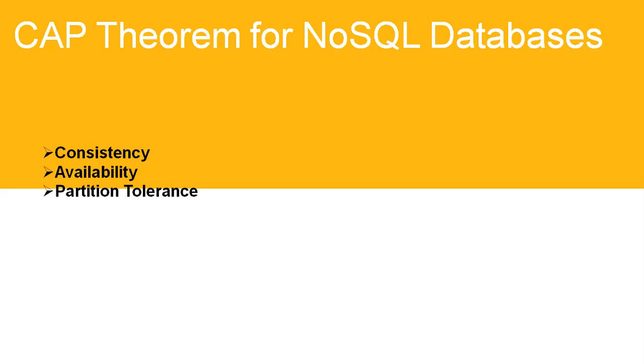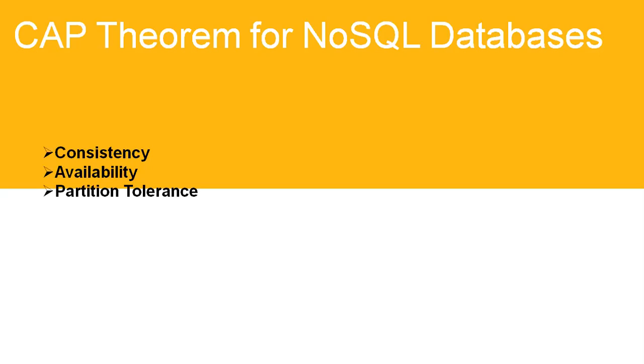Then partition tolerance, because we are working in distributed environment, it means we have partitioned it. It means that the system continues to function even if the communication among the servers is unreliable. That is, the servers may be partitioned into multiple groups that cannot communicate with one another.